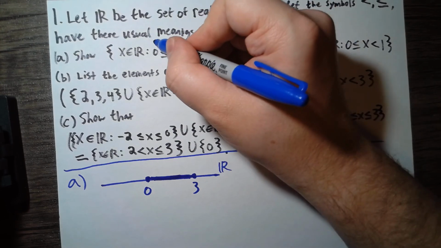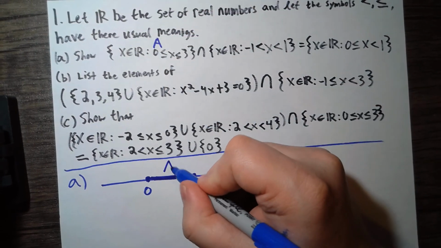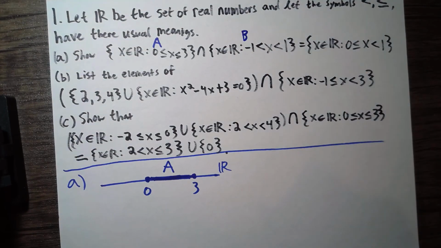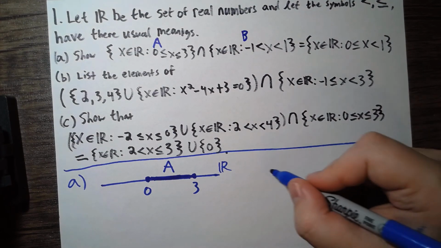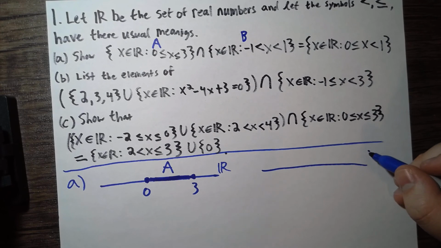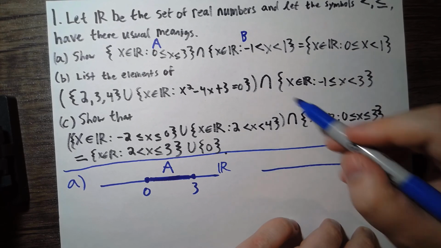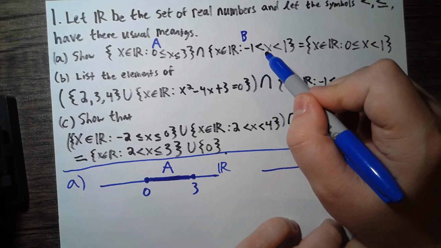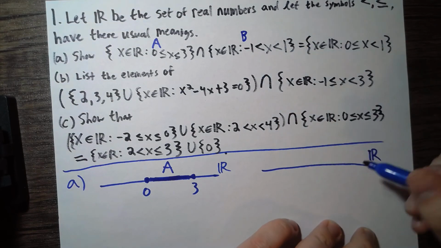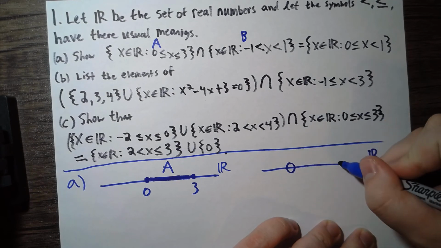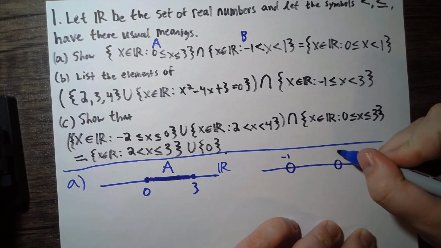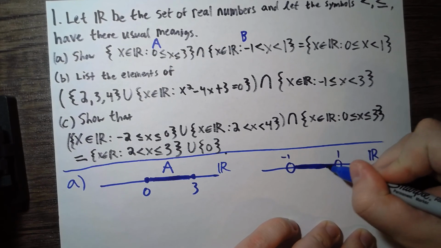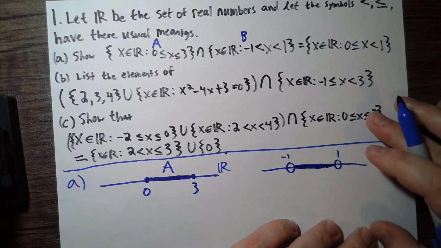So maybe I call this A. And here I'll call this B. Again we have the real numbers, and this is the set of x in R such that x is greater than -1 and less than 1. It'll be something like this. If this is -1 and 1, it's all these numbers in between.